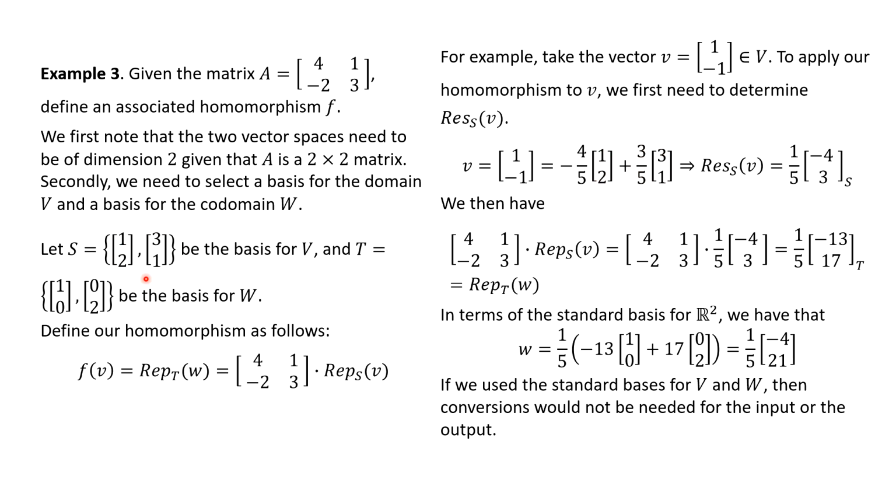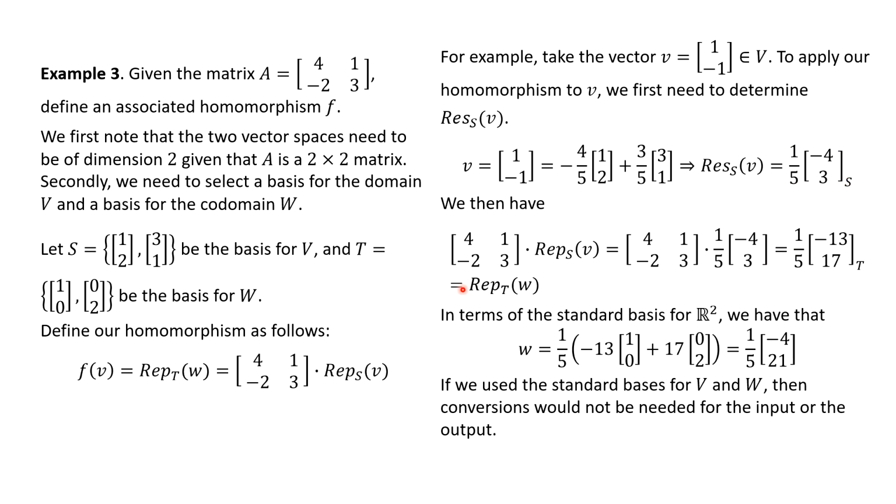In other words, it's the coefficients corresponding to these two vectors. It'll give you back (1, -1). And so we can write the representation of V with respect to S as (-4/5, 3/5). I just factored out the 1/5 here and wrote it in this form.